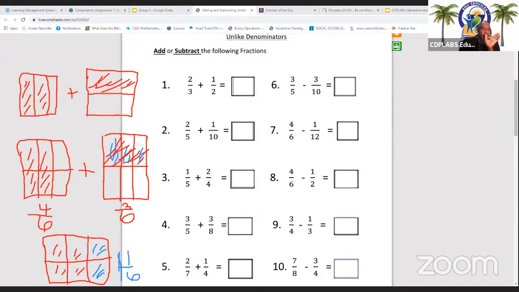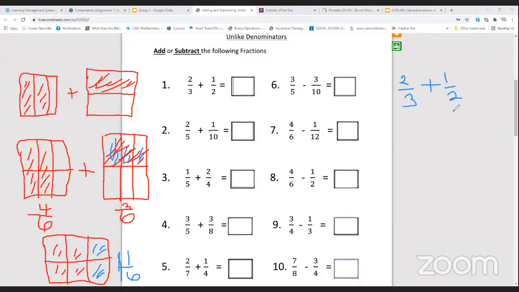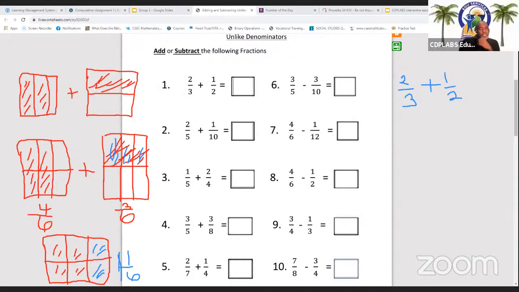That is one way. Let me show the way that other persons love to do. Can everybody see over this side? Yes, sir. So you can multiply, this is a different color.